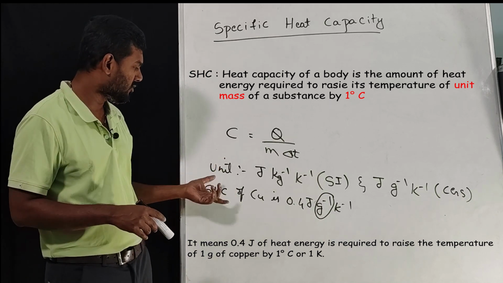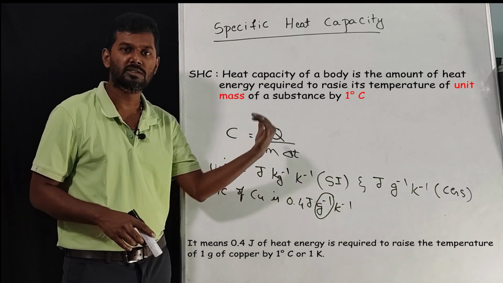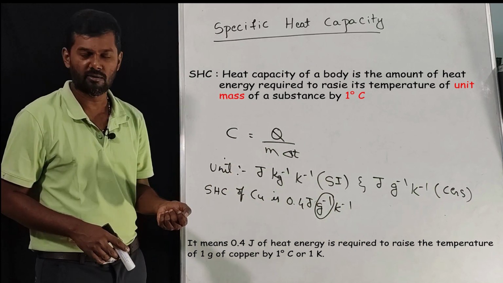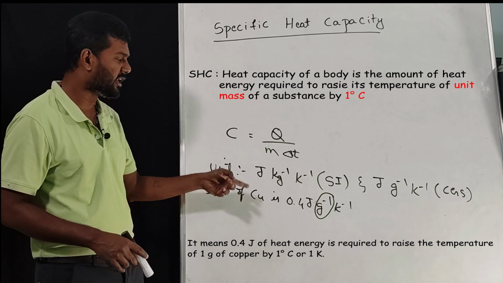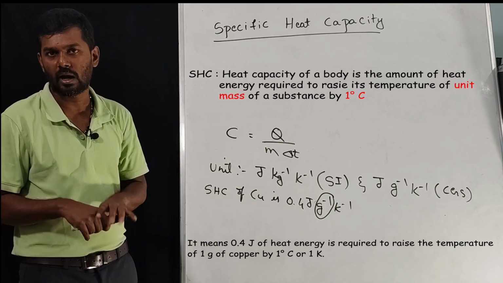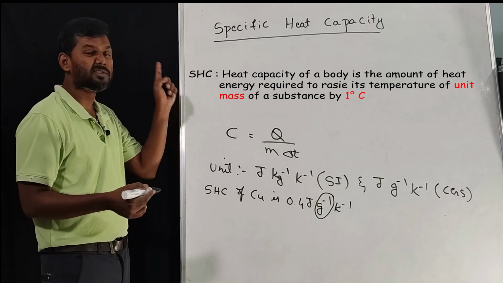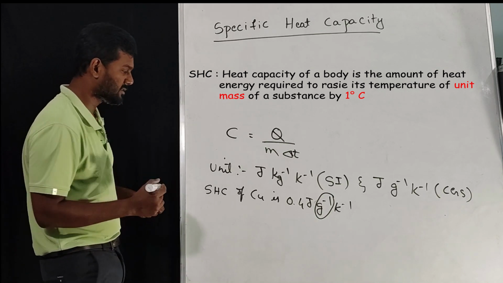That's it. So this is how the difference goes between joules per gram per Kelvin and joules per kg per Kelvin. If you know the inner meaning of specific heat capacity, that means you have understood the concept instead of by hearting. Next, we'll talk about the relation between specific heat capacity and heat capacity.